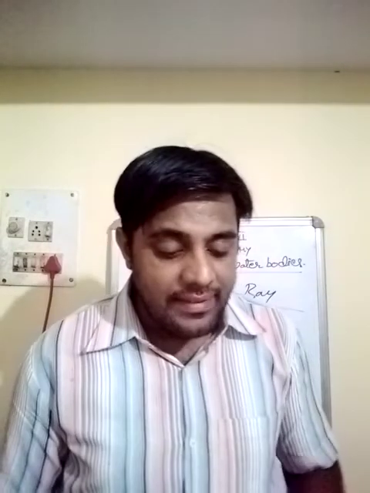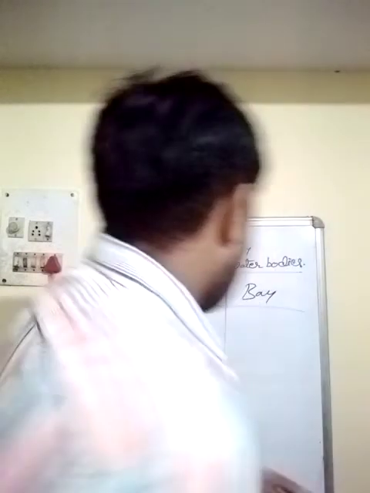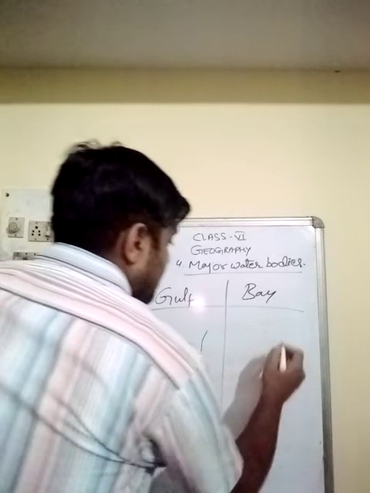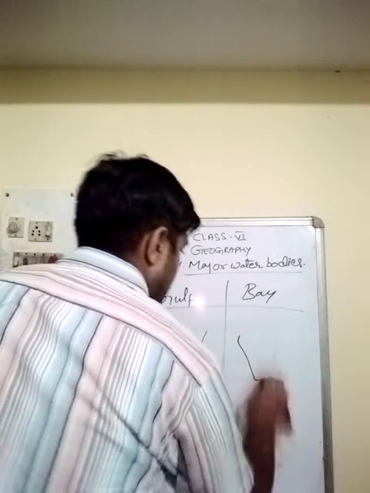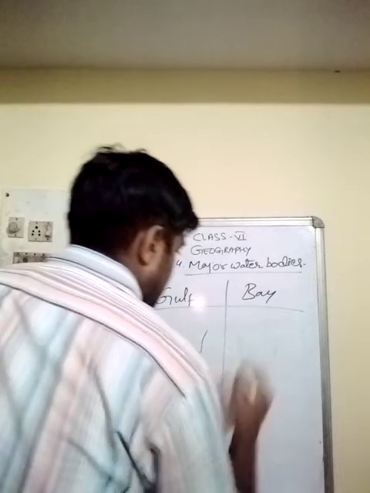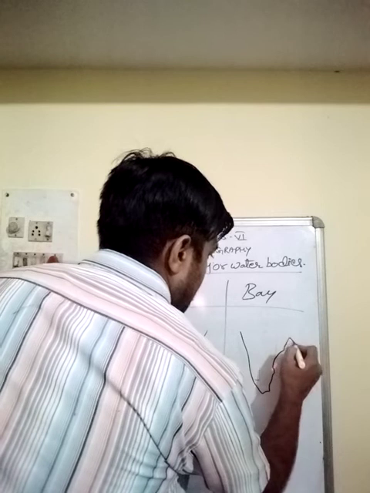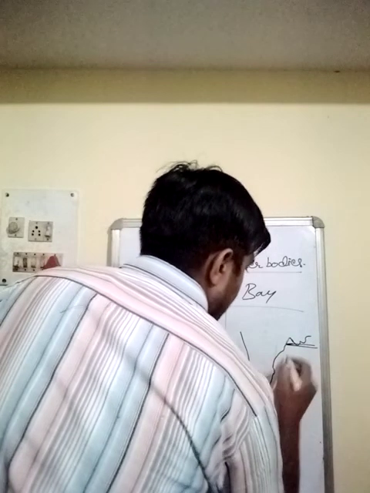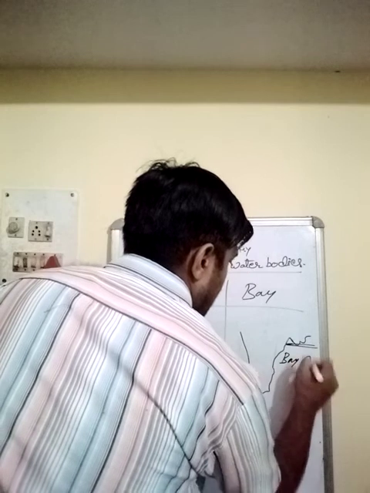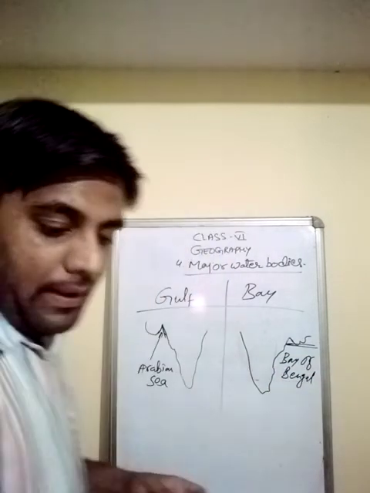Next, a bay is an open curving indentation made by sea or lake into the coastline. Bay is nothing but a simple curve. Like if you consider our India map, this particular area is called the Bay of Bengal. Now, why is it called the Bay of Bengal?